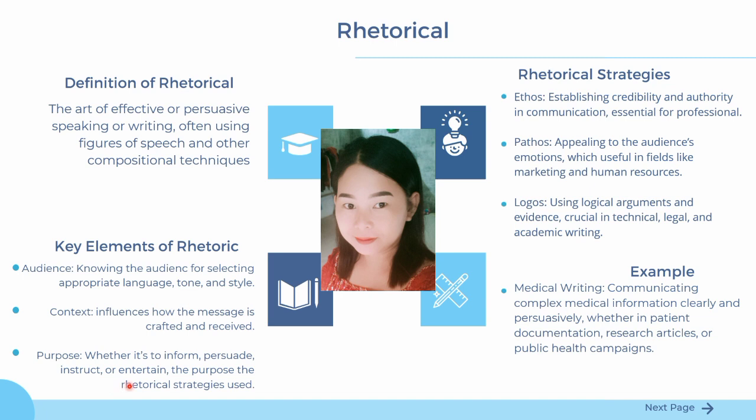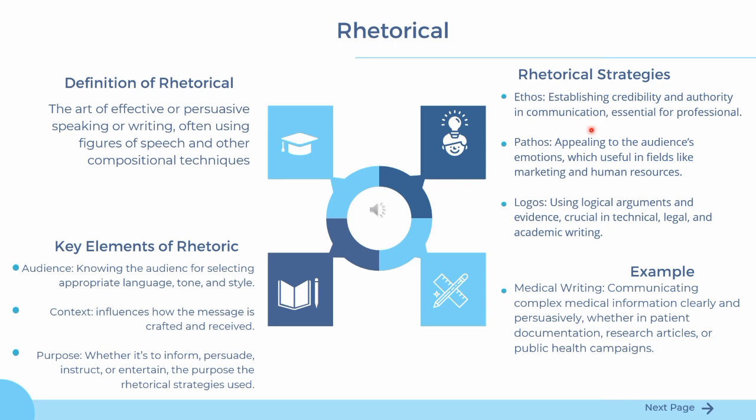Now some strategies of rhetoric. First is ethos, establishing credibility and authority in communication, essential for professional settings. The second, pathos, is appealing to the audience's emotions, which is useful in fields like marketing and human resources.